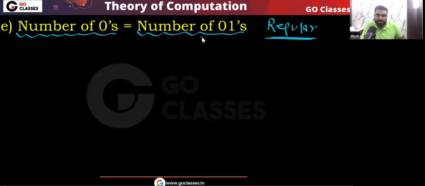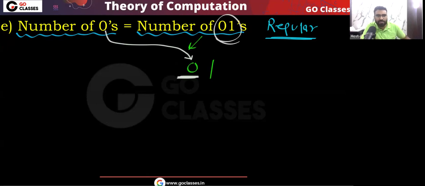In this 01 itself there is already a 0. Are you getting my point? So a very simple point: if 01 is coming, then 0 is already coming with it.